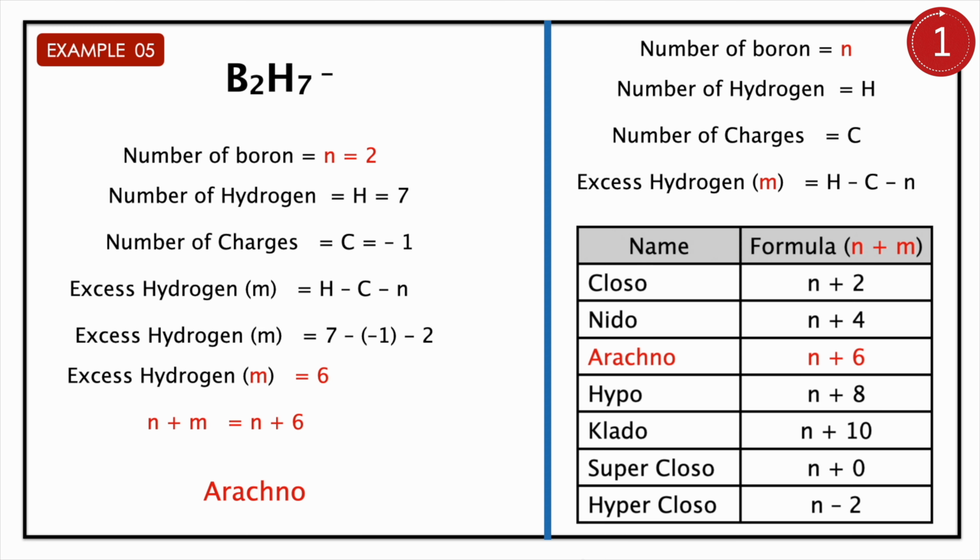Charge is minus 1, so C is minus 1. Excess of hydrogen will be H minus C minus N, which is 7 minus of minus 1 minus 2, which gives M equals 6. It is an n plus 6 system. N plus 6 means Arachno. So the structure of B2H7 minus is Arachno.